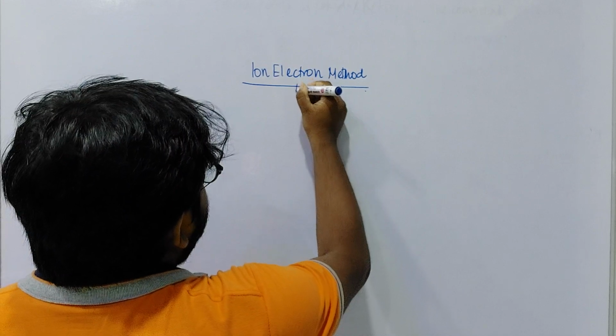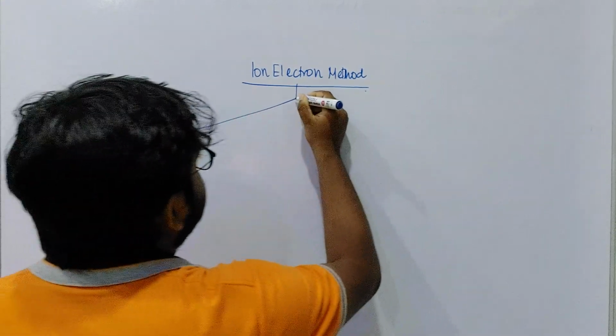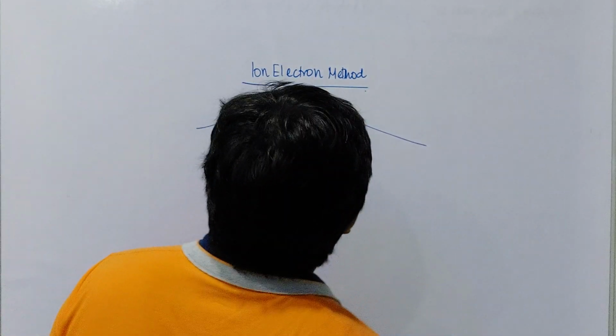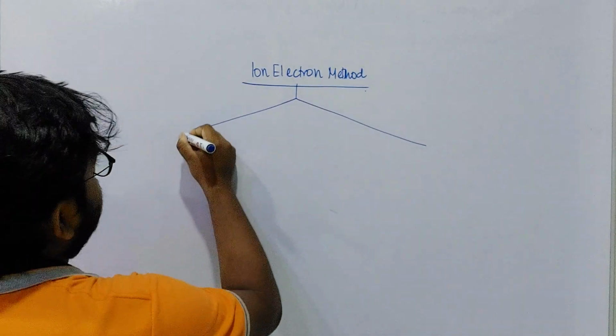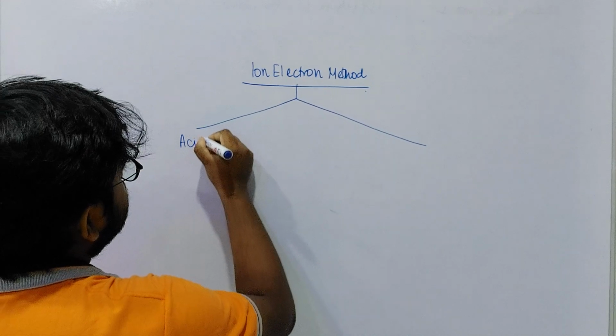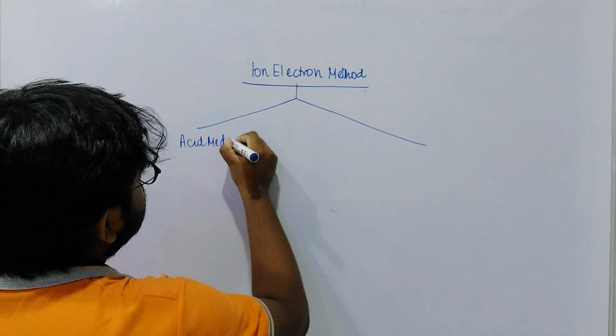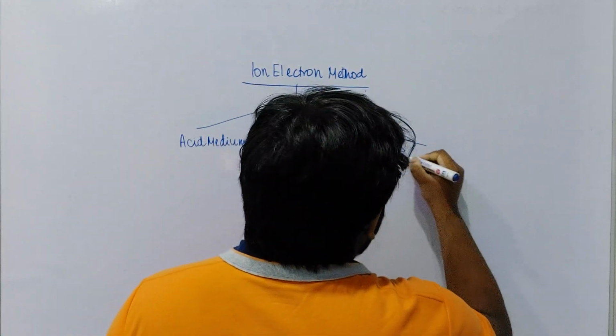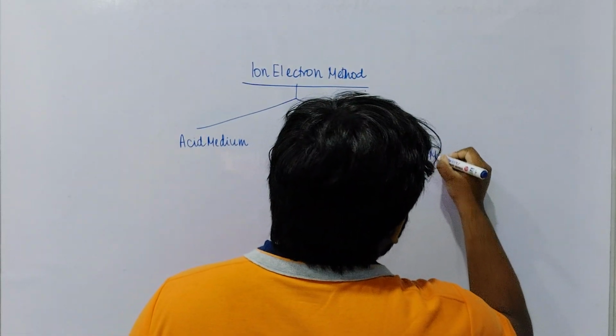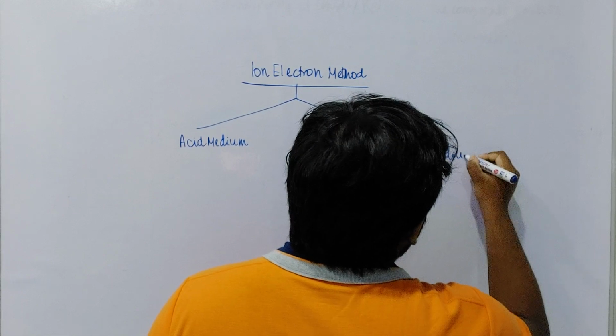Before we proceed, let's discuss a small thing. We can do it in the case of reactions in two types of medium. One is an acid medium reaction. Another is a base medium reaction or an alkali medium.